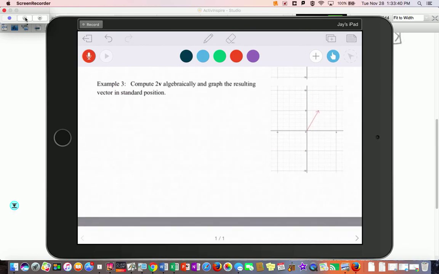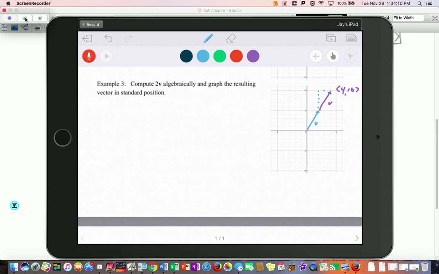So the next one is supposed to be 2v. So looking at 2v, this one is v, and then I do another one. So I go up another 1, 2, 3, 4, 5 over 2. And so there's another v. And so I end up at 4 to the right and up 10.